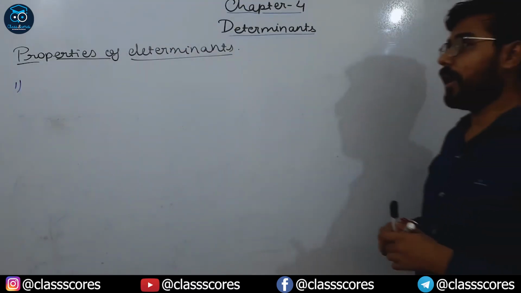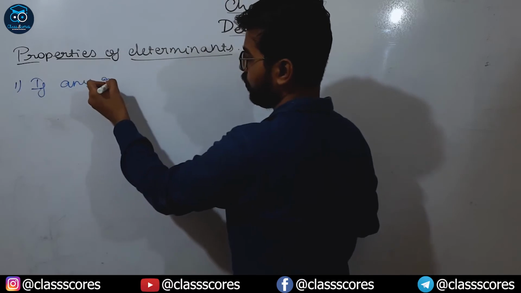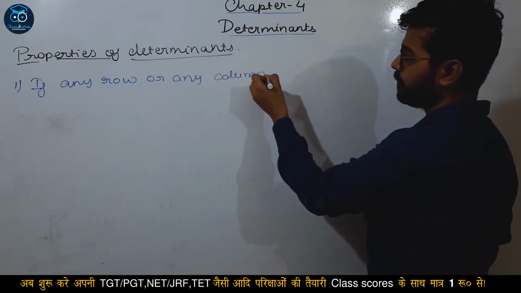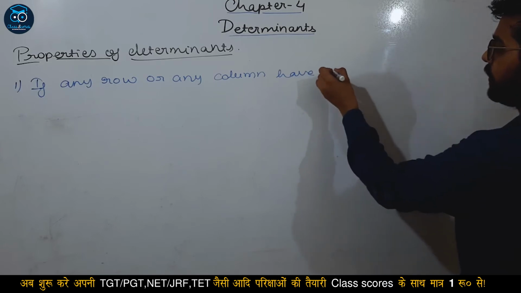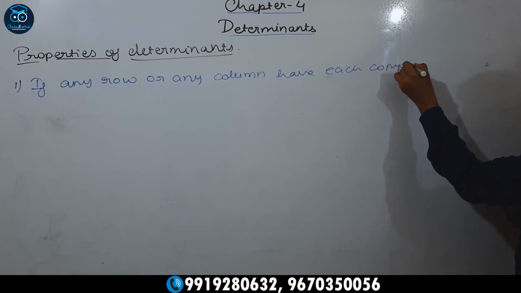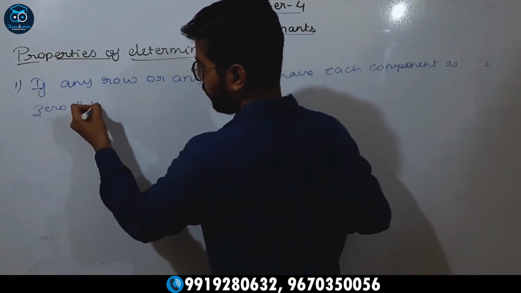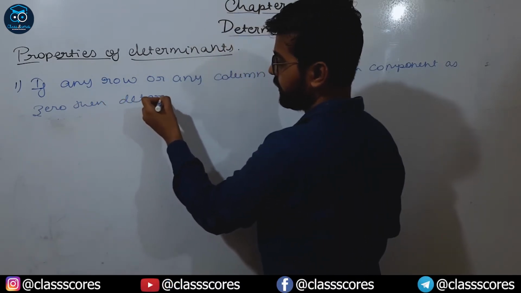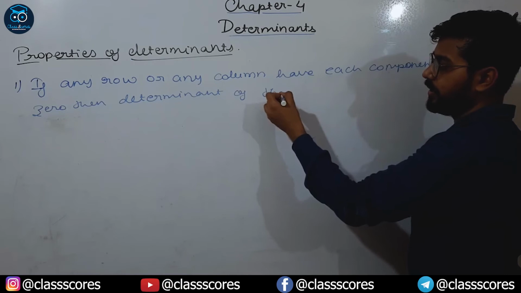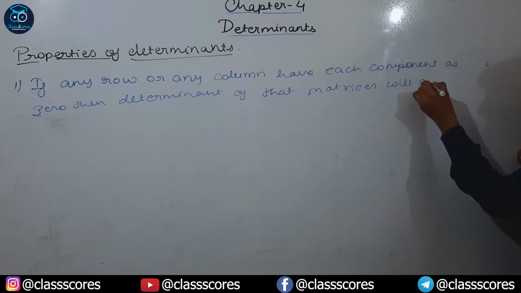Our first property is, if any row or any column has each component as 0, then the determinant of that matrix will also be 0.